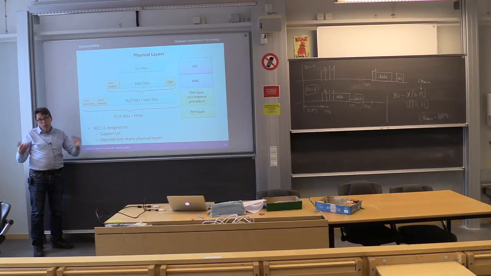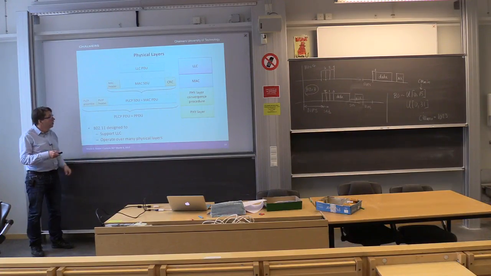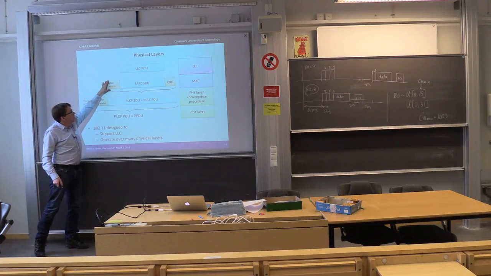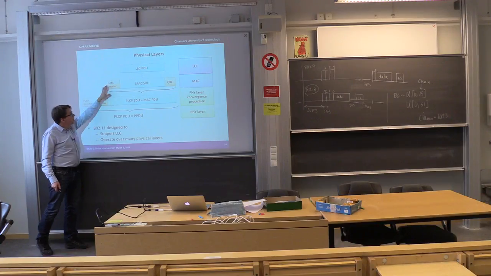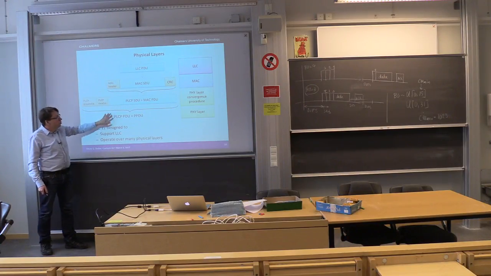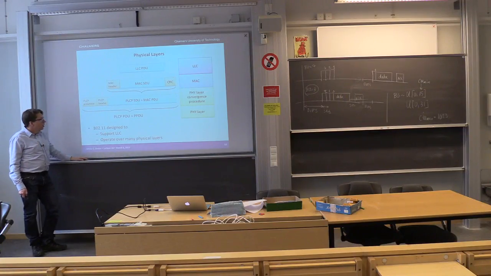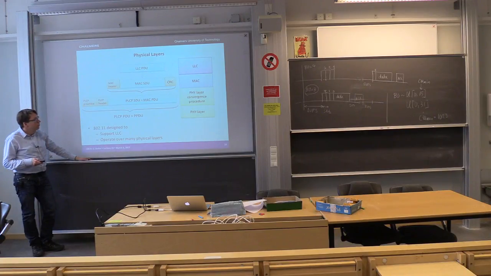It could use multiple antennas or just one antenna, and so forth. It could be many different things, right? So there is this convergence procedure that takes the data bits and produces something suitable for the physical layer. And there are some preambles and headers and so forth.